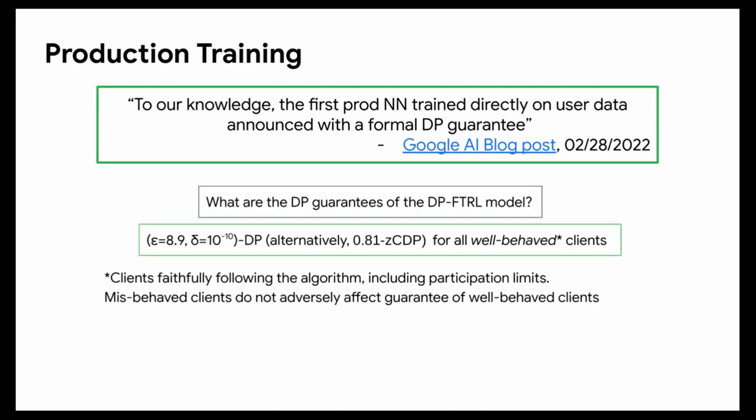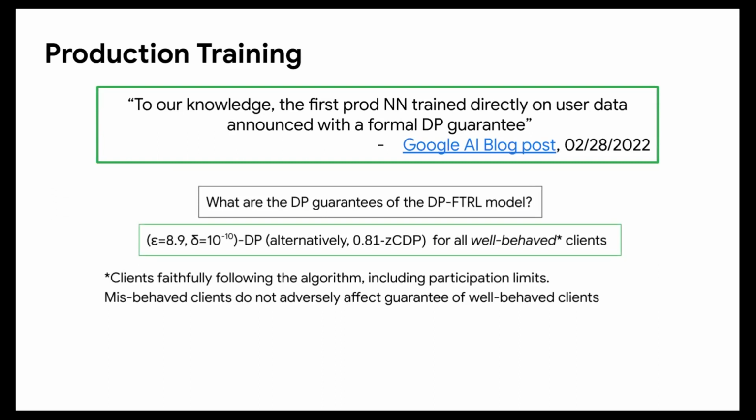So how can we interpret this result? Let's see the epsilon-delta bound. We get a single digit epsilon, which is less than 10. This is often considered a reasonable number for practice. And for the zCDP, note that we have 0.81.